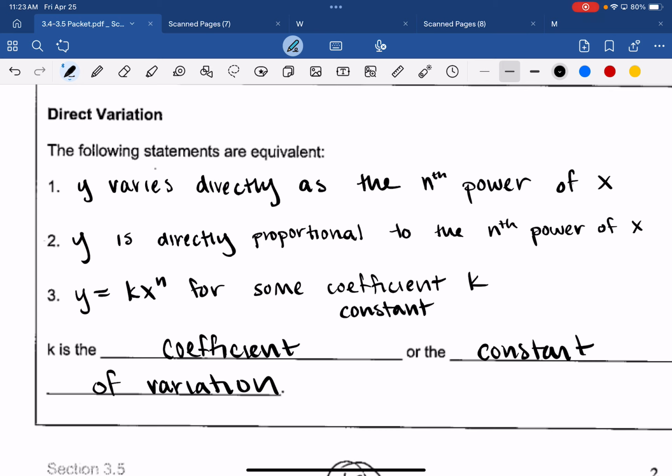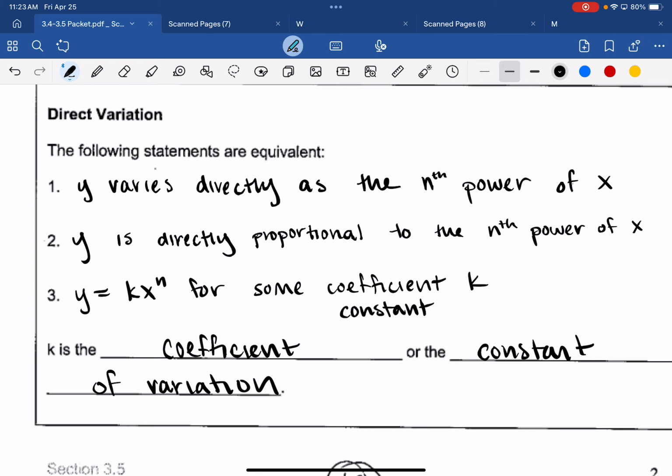Now, in Algebra 2, we only ever saw x's in direct variation that had an exponent of 1. So in Algebra 2, you only ever saw this form. But today we're going to see some that actually have some exponents going on. Not many of them. I think we actually just have one today.